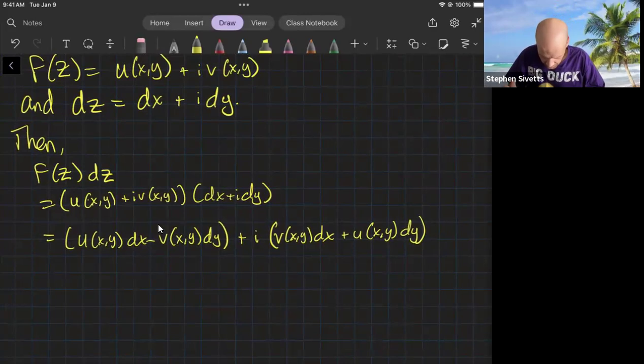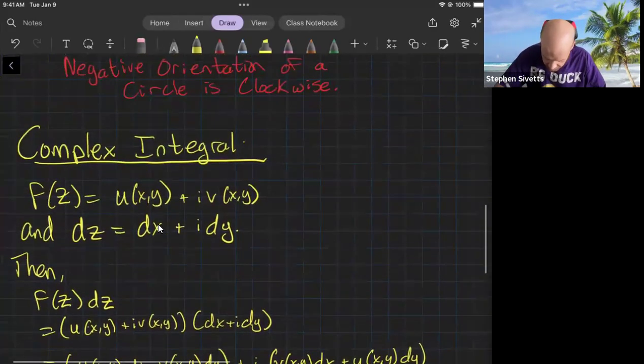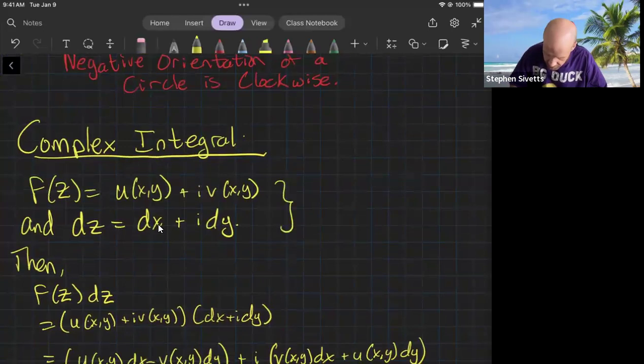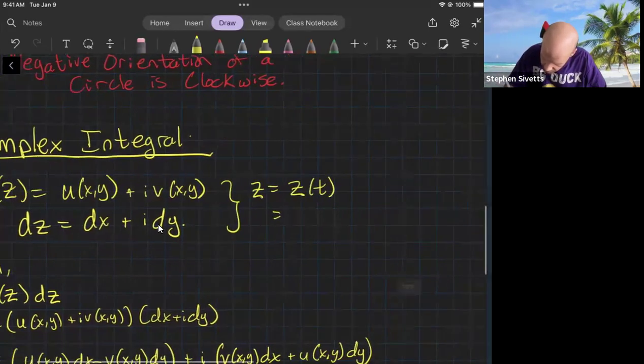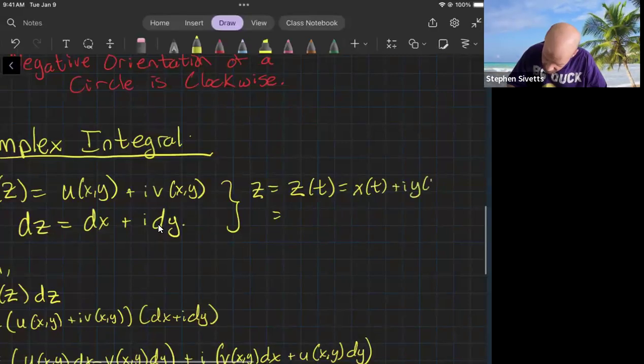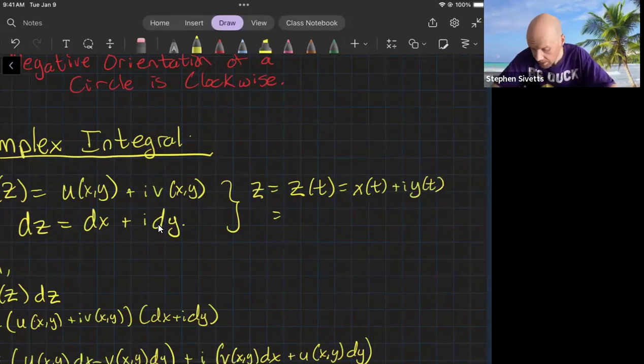But since we're going to deal with line integrals, the z is a function in t. So z is expressed as x of t plus i times y of t, right? Where t is in between a and b.